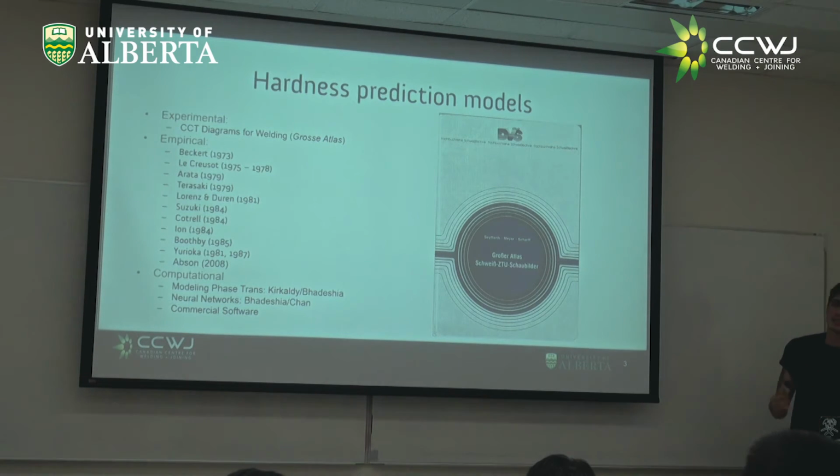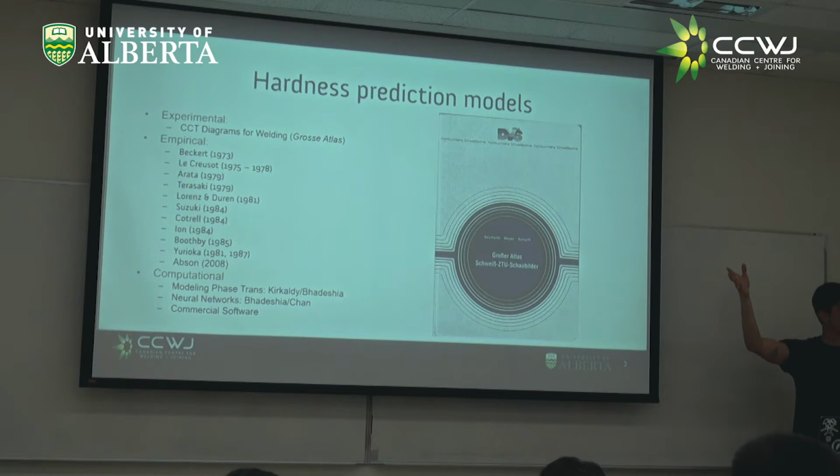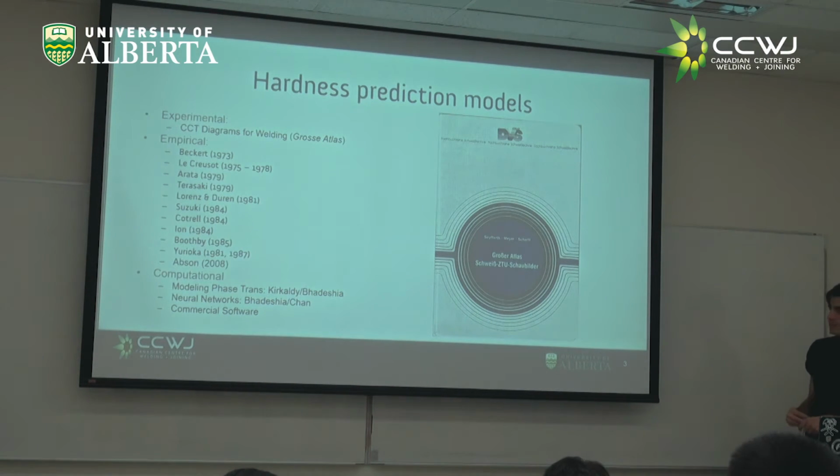So, experimental CCT diagrams, there are a lot. This is a German atlas that is full of different chemical compositions. So you grab a chemical composition, then you have your welding parameters, you get a cooling rate, you go to the diagram, and you get a hardness, right?